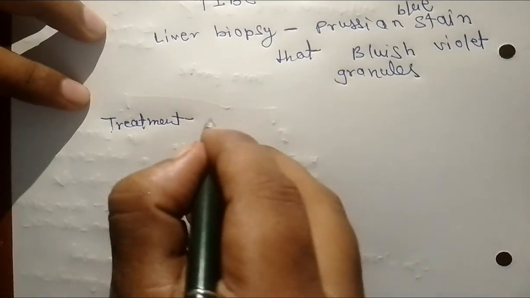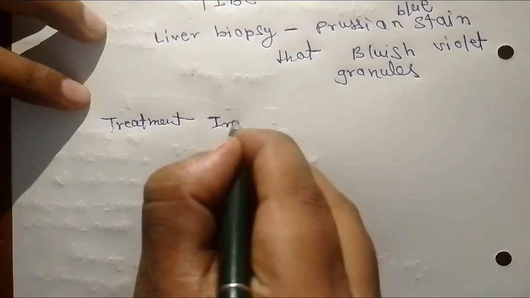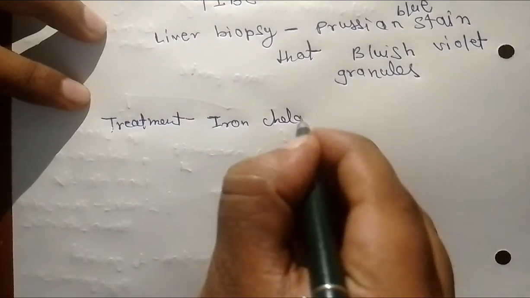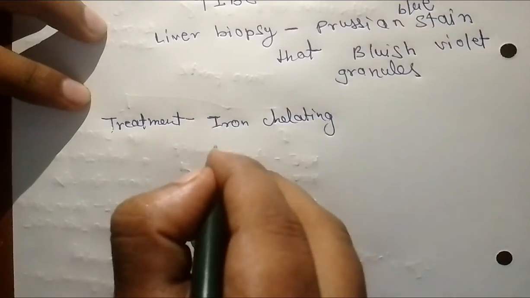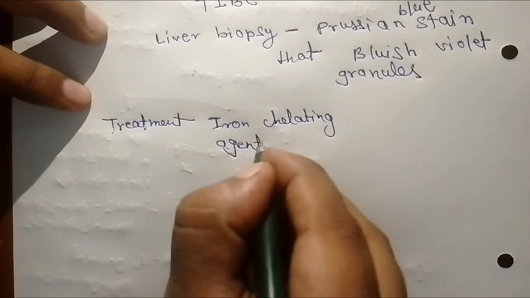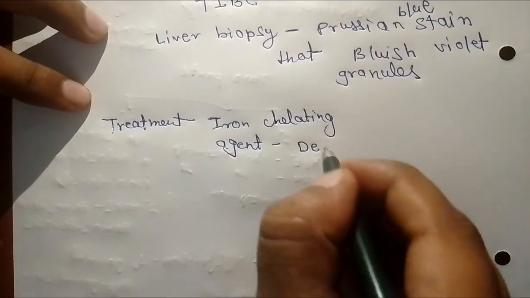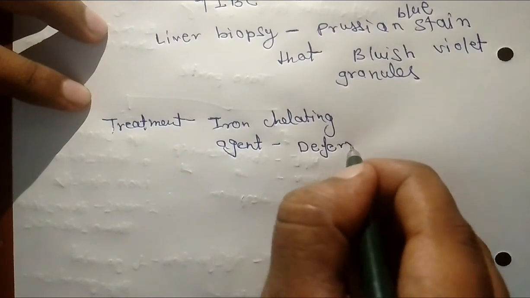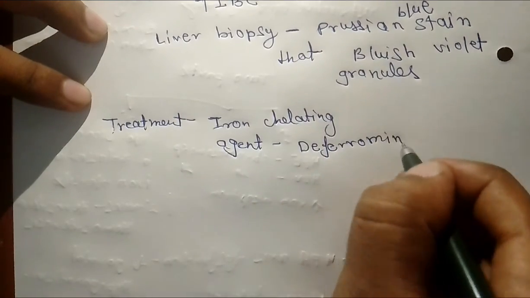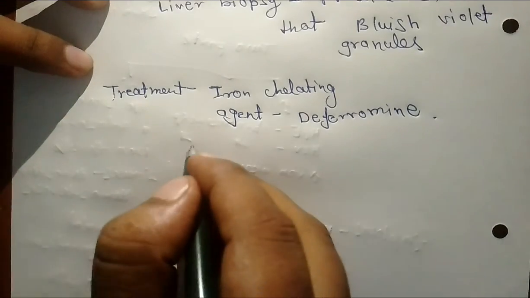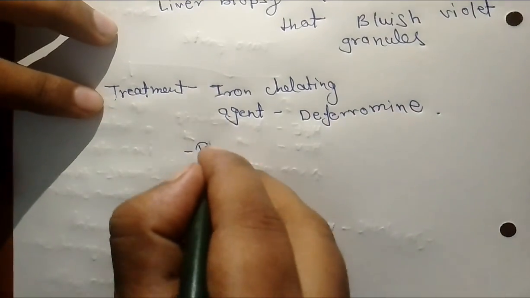For treatment, we can give an iron chelating agent like deferoxamine. And the other definitive treatment is phlebotomy.